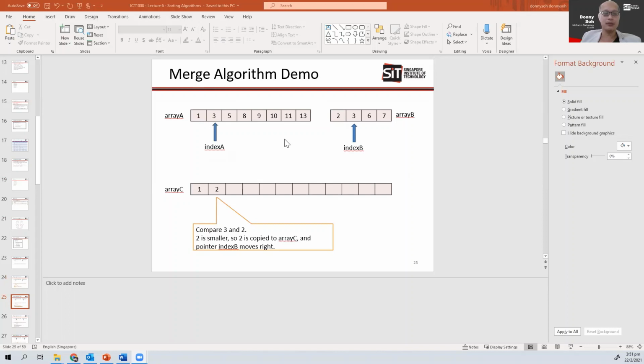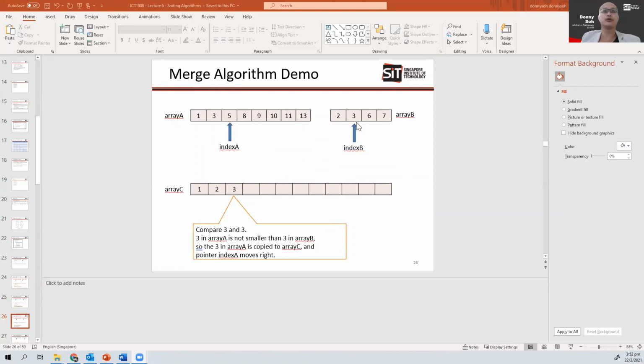In the implementation of the algorithm, I would prefer that the array that comes first has its number coming into the combined array first, meaning that if this array comes before this array in the original unsorted array, this number should come in first before this number. I'm going to share why we do that later on. So we put in the number from array A first, and we increment index A.